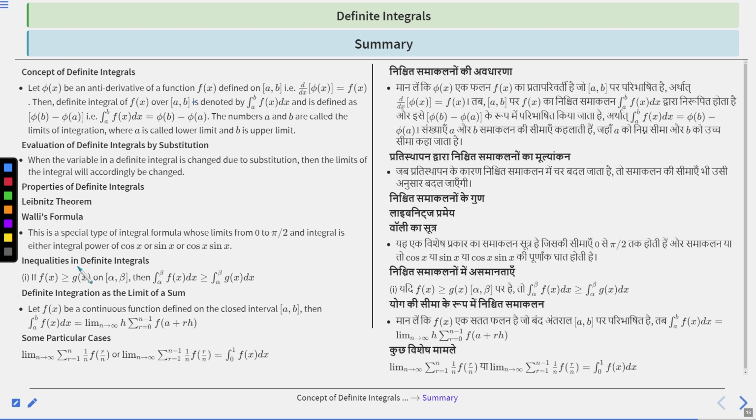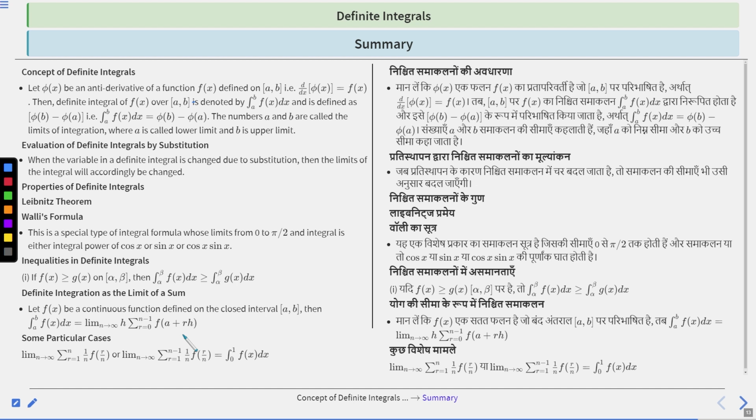After that, we studied inequalities in definite integrals, in which if f(x) is greater than or equal to g(x) on alpha to beta, then the integration of alpha to beta f(x) dx is greater than or equal to the integration of alpha to beta g(x) dx. Then definite integration as a limit of a sum: let f(x) be a continuous function defined on the closed interval a to b, then the integration of a to b f(x) dx is equal to the limit as n tends to infinity of h times the summation of r equal to 0 to n minus 1 of f(a + rh).